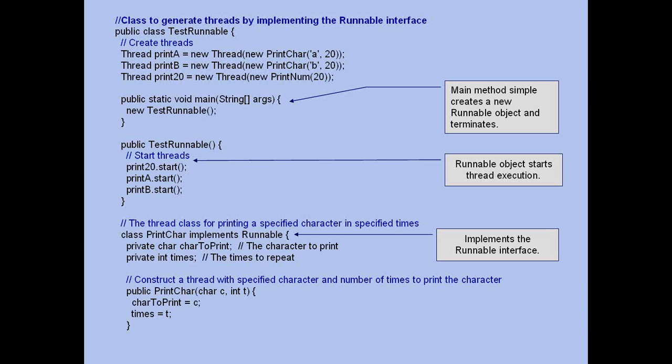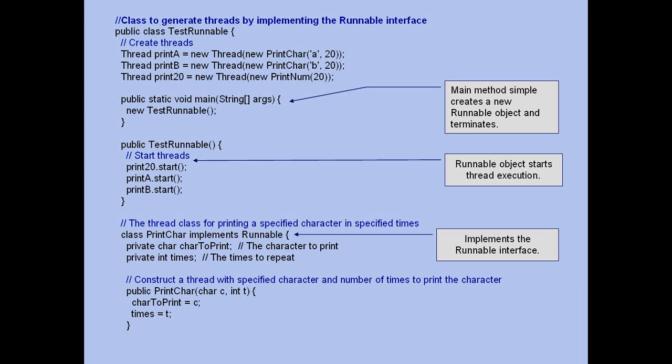Implements runnable, and we're passing 20. And here we are passing the runnable reference to the thread. The class that is implementing runnable is passed to the thread object, right?